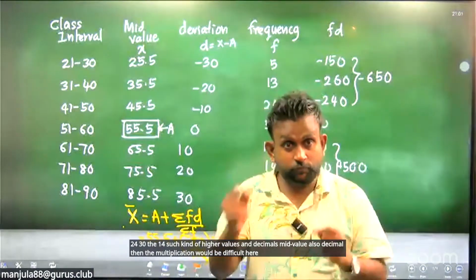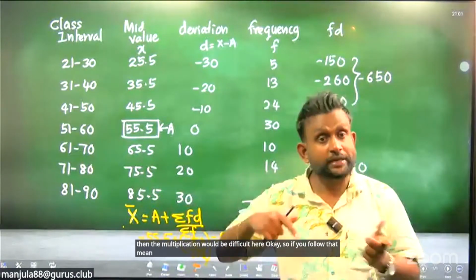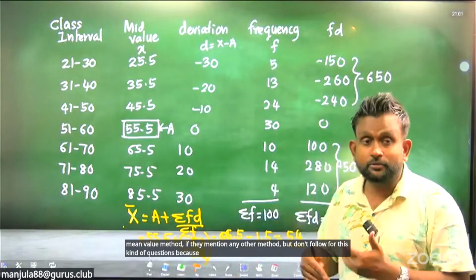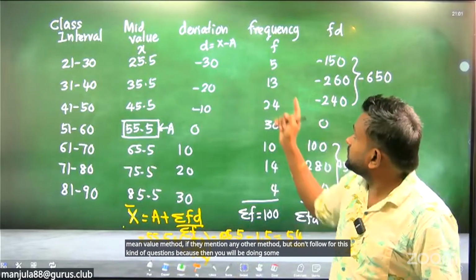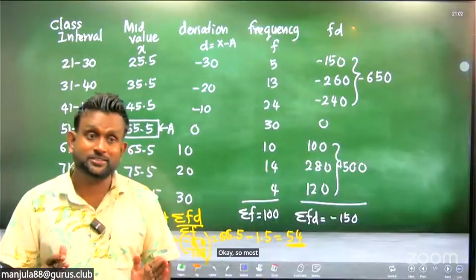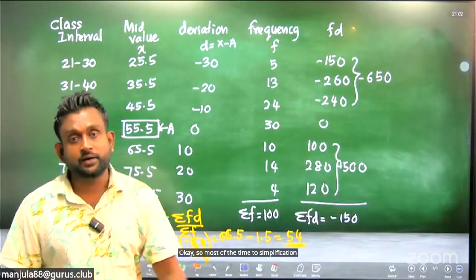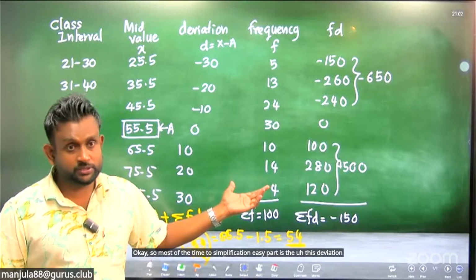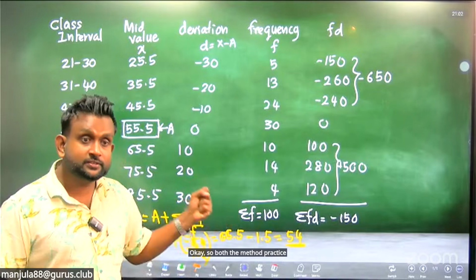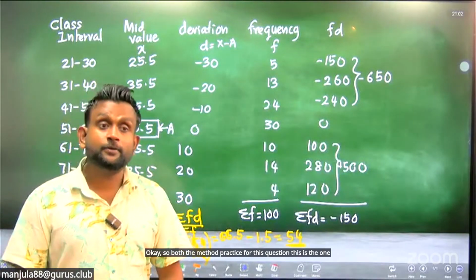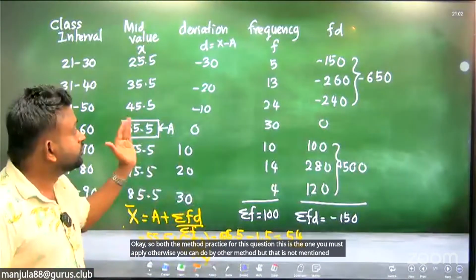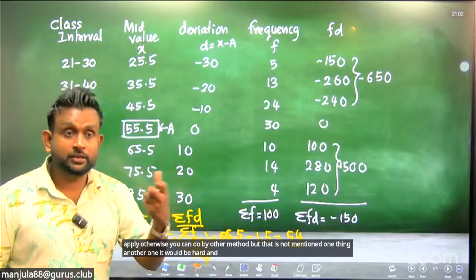So if they mention some other method, fine, but don't follow it for this kind of question, because you will make mistakes when multiplying such bigger values. Most of the time the easy, simplified one is the deviation method, the assumed mean method. So practice both methods. For this question, this is the one you must apply. Otherwise you can do it by the other method, but that is not what was mentioned, and it would be hard and more errors will occur.